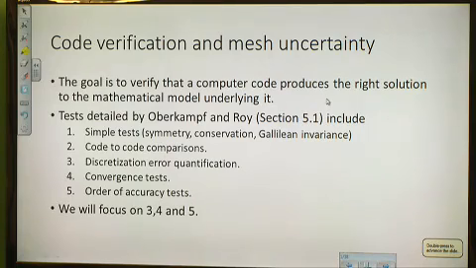So this is sort of preliminaries, but most of these two lectures we are going to spend on discretization error, convergence test, and order of accuracy test, which are all related to discretization. And the reason that I've decided to emphasize this aspect is that this is the reality in codes that we typically want to verify.